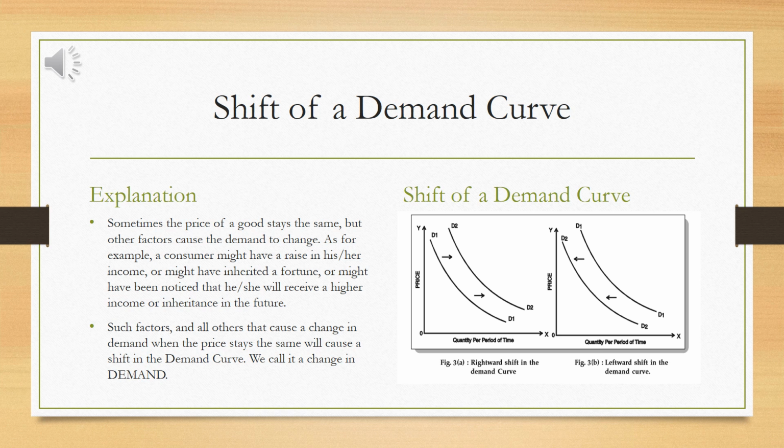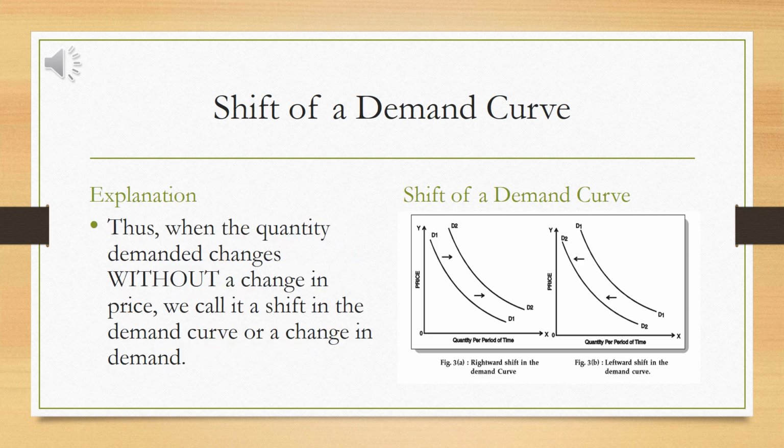Such factors, and all others that cause a change in demand when the price stays the same, will cause a shift in the demand curve. We call it a change in demand. Thus, when the quantity demanded changes without a change in price, we call it a shift in the demand curve or a change in demand.